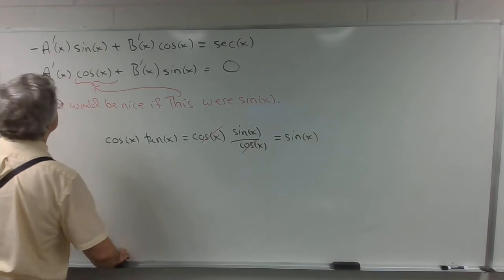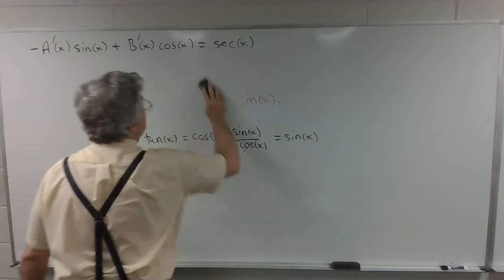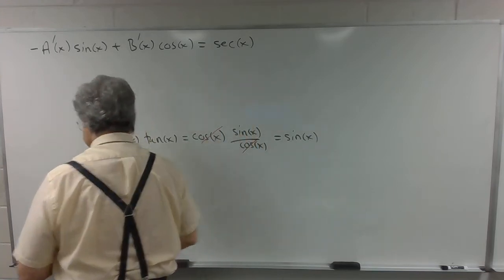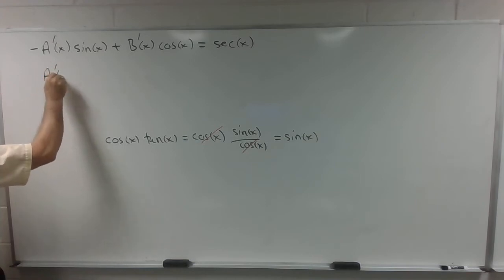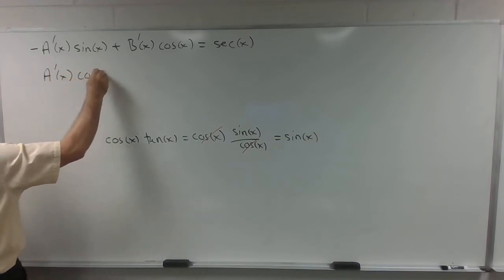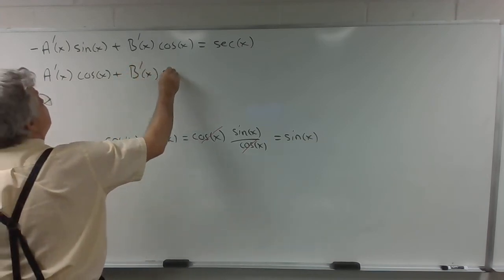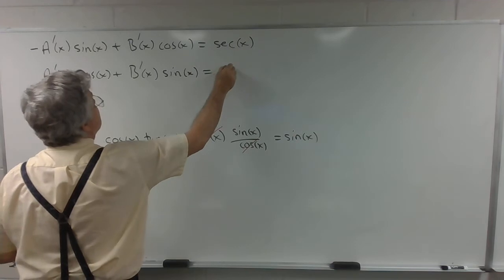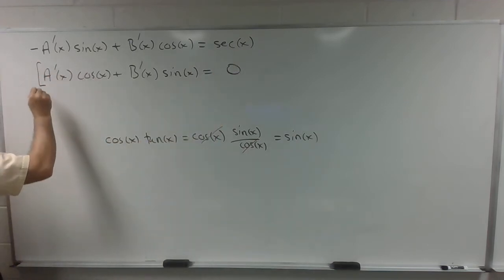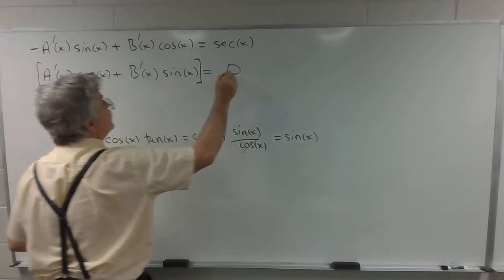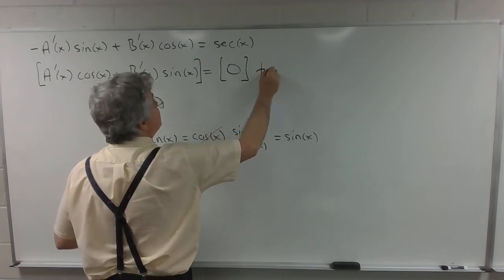So, let me plot my strategy. I'm going to rewrite all of this again. A prime of x cosine of x plus b prime of x sine of x equals 0. And I'm going to multiply both sides of this equation by tangent of x.